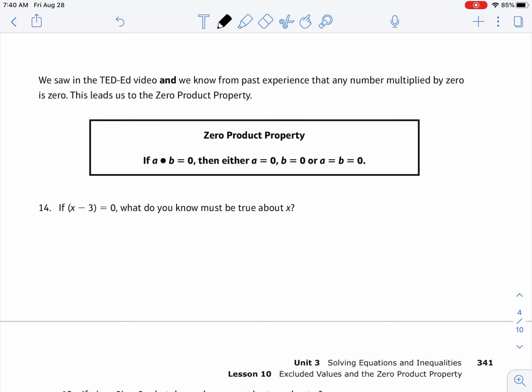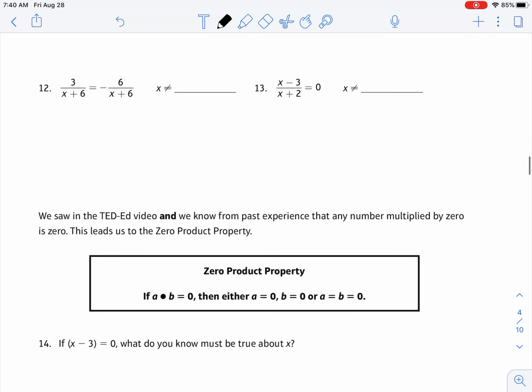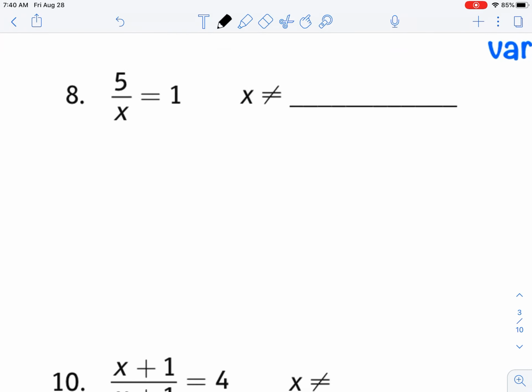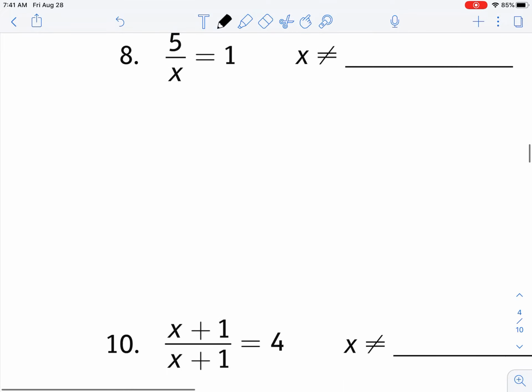Again, anything times 0 is 0. So that's the reason why. So what they mean by that, and like I said, I don't want to gripe about it too much. When would you use the zero product property and why does it benefit you? Well, whenever you have a variable in the denominator, you can use the zero product property and set each denominator equal to 0.